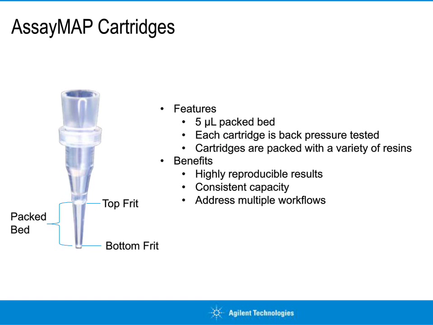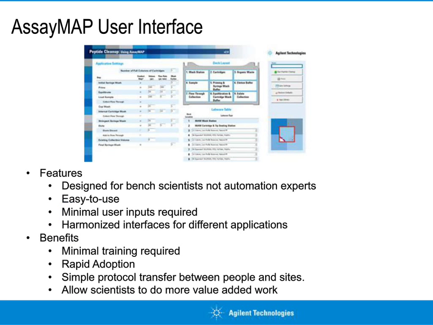The last major component of the platform is the user interface. This interface is designed to be easy to use by bench scientists. The interface and the underlying program have been optimized so the user only has to input a small number of key parameters required for their particular experimental conditions. The interfaces are harmonized across different applications, so once you know how to use one application, moving to another is very intuitive.